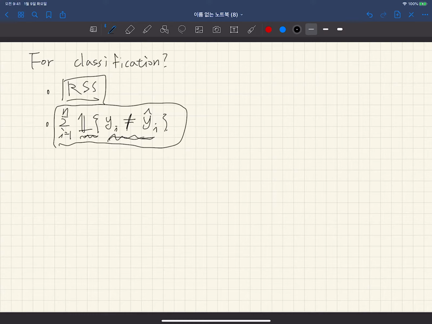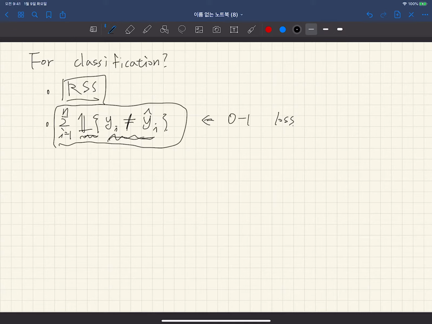Okay, so for the classification task, you can use this number of misclassified data points as the loss function, and then you can find the best tree that minimizes the error rate. This is called 0-1 loss.